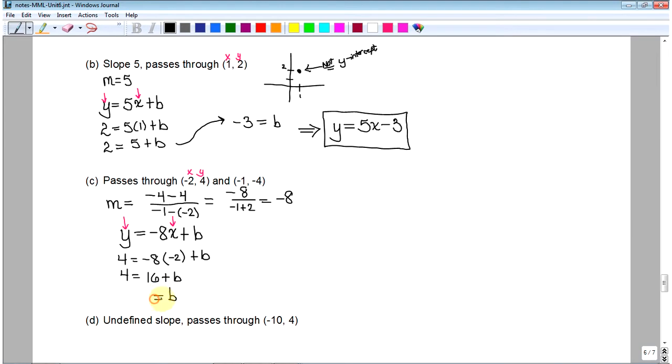And now we subtract 16 from both sides, and we get that b is equal to negative 12. So that means that the equation of our line in slope-intercept form is y equals negative 8x plus negative 12, so we just write minus 12.